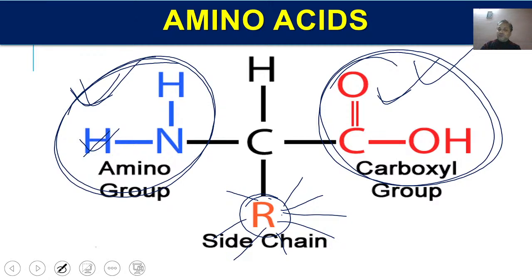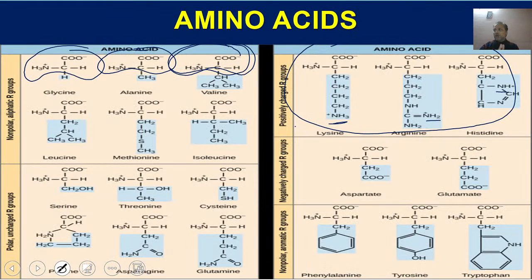Some chemical reactions are shown by cysteine, not by methionine. That is only because of the R group. So amino acids differ in their R groups, and that makes different types of chemical reactions. Now we are going to see the chemical reactions in three different ways.